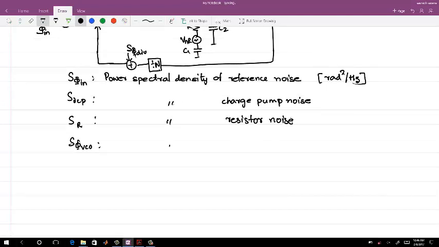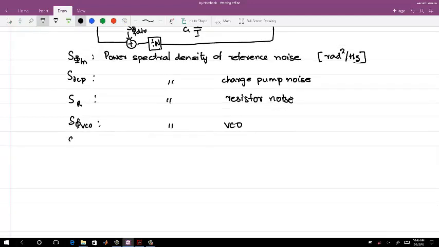This is the noise contribution due to the VCO, which is added at the output due to the voltage control oscillator. It can be current control also, and then you have a divider noise.